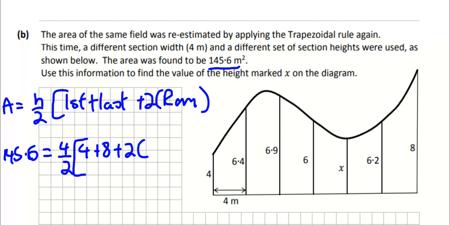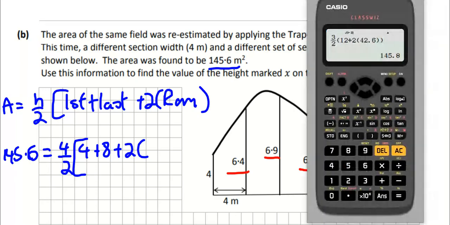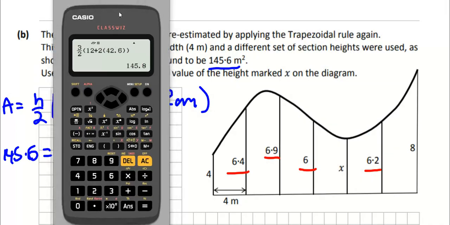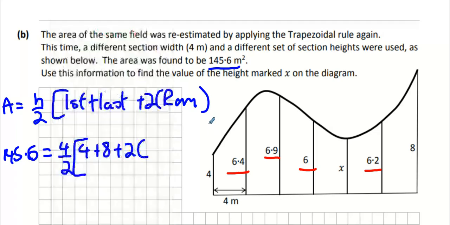Now what I'm going to do with 2 times the remaining is, see these ones here I'm underlining in red? They're the ones we're going to add together first. So when we're doing the remainder, it's going to be 6.4 plus 6.9 plus 6 plus 6.2. I'm not forgetting about the x, I'm just leaving it out for a second. So it's going to be 25 plus 5. And then we're going to put the x in here as well.